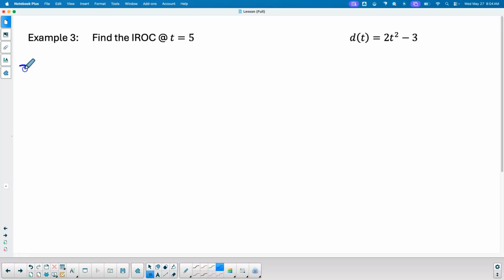So we're going to go 3A: find the AROC of this function from, give me an interval. I don't care what the two numbers are on the interval. 3 to 5? Okay, right? So from 3 to 5. So find me the AROC of this function from 3 seconds to 5 seconds. Okay? Go.